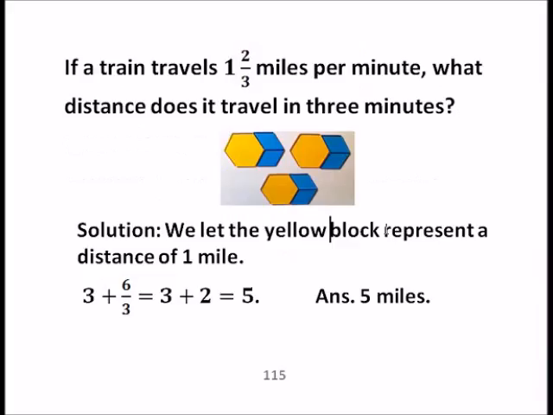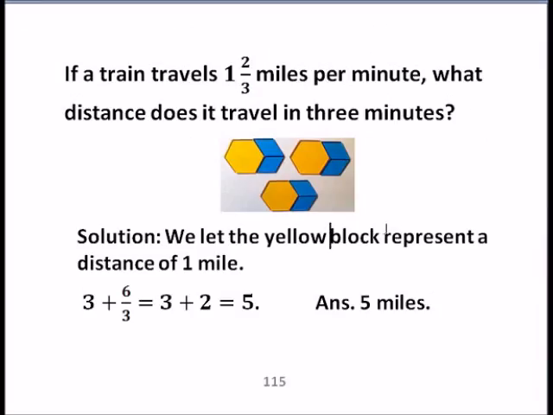And this can be solved using the fraction blocks, and we see that the answer is 5. You can also solve it by multiplying 1 2/3 by 3. 3 times 1 is 3. 3 times 2/3, according to what we just said, would be 6/3 or 2, so the answer would be 5.